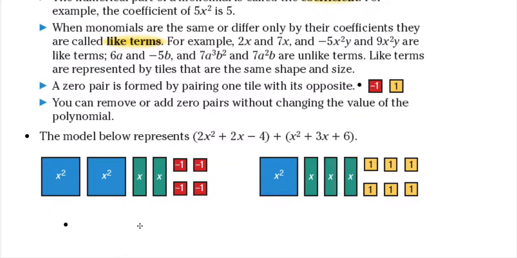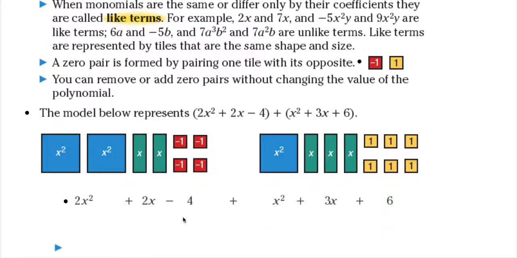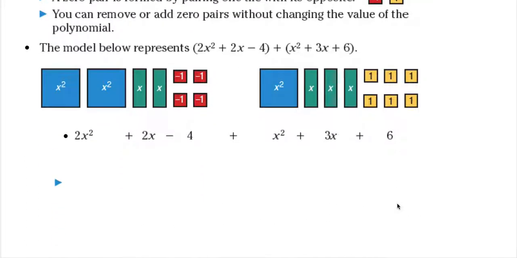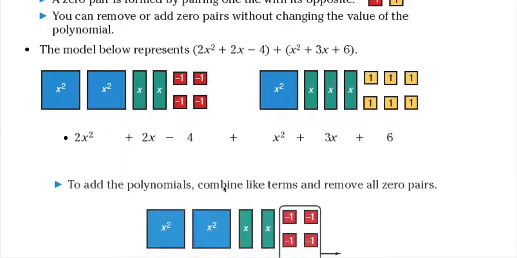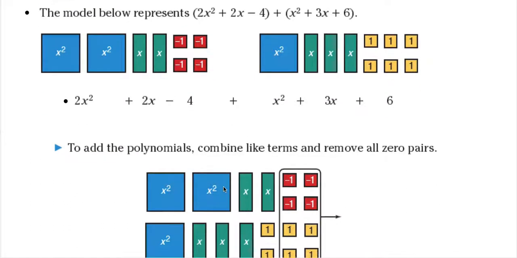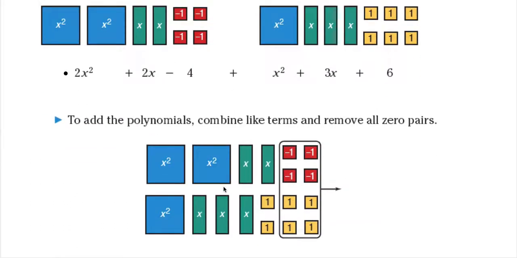And it goes with the same 1 x squared tile, 3x plus 6. Now look at this very carefully, because once we start adding, we can combine our algebra tiles and have something like this. To add polynomials, combine like terms and remove all zero pairs.